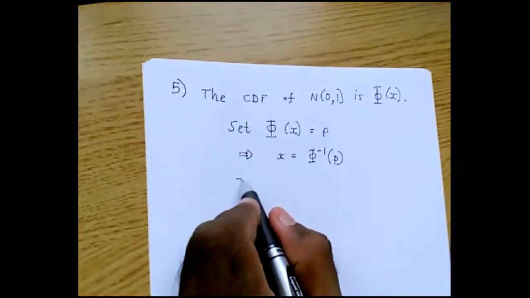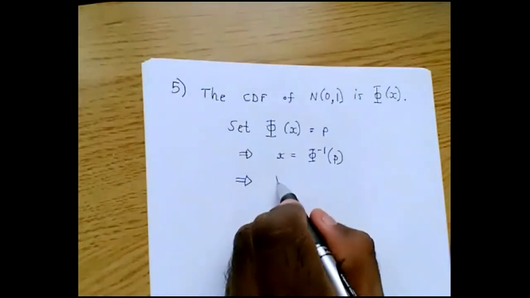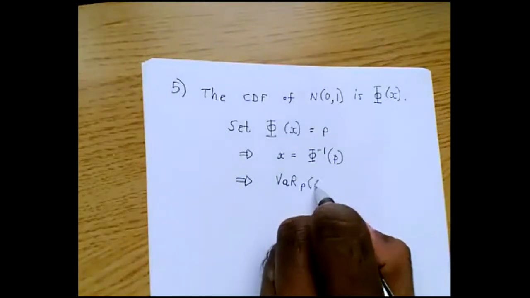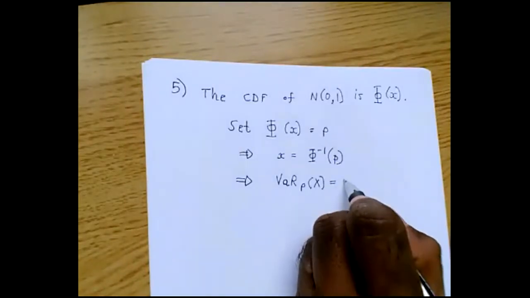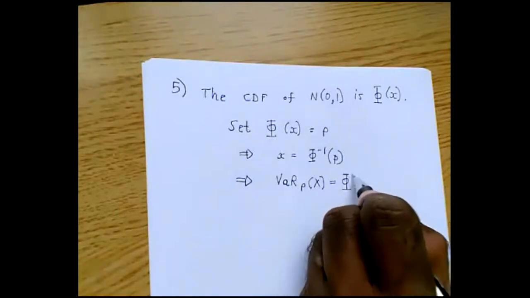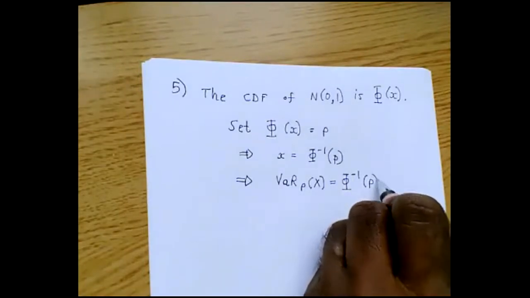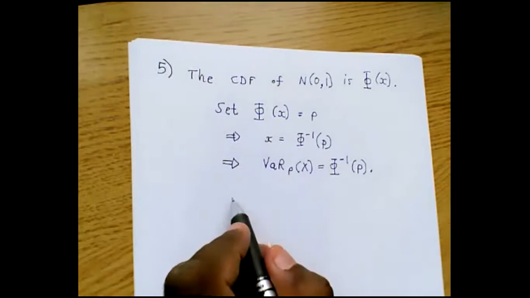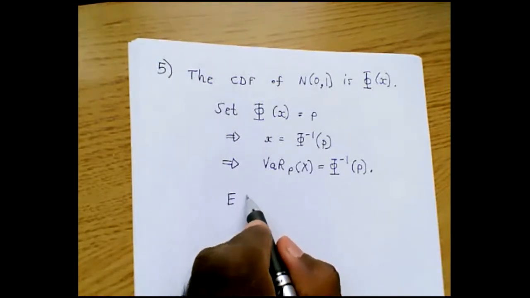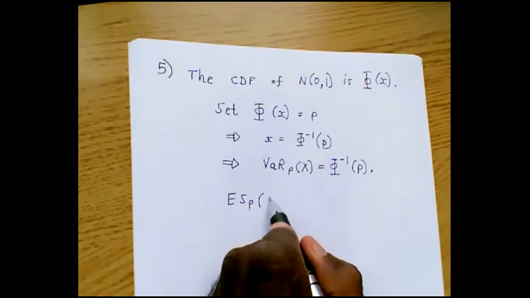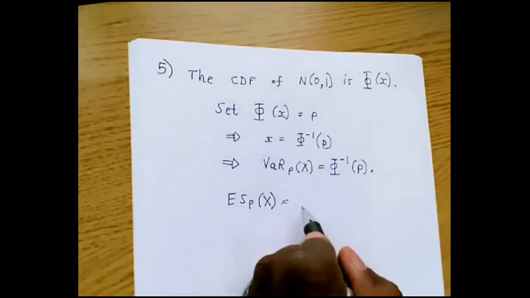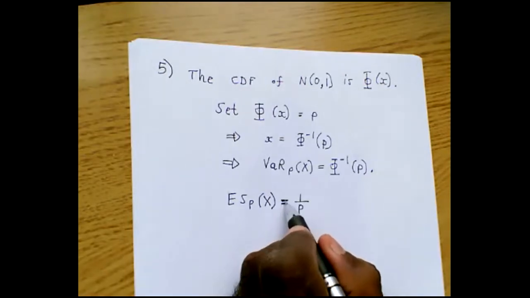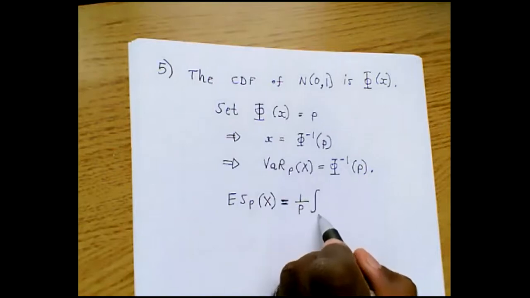this. All right, so your value at risk, or VaR, is equal to this, right? So it's a very simple expression. Now to find the expected shortfall, use this formula.